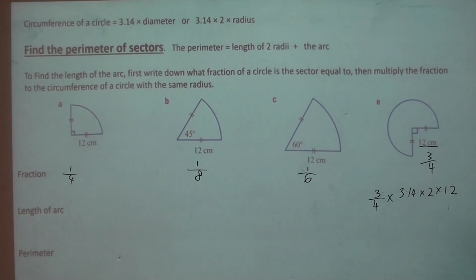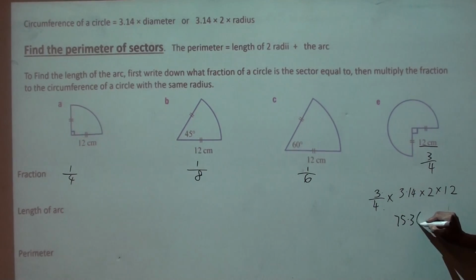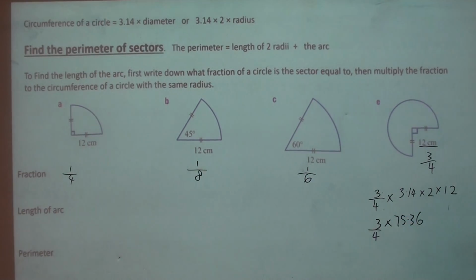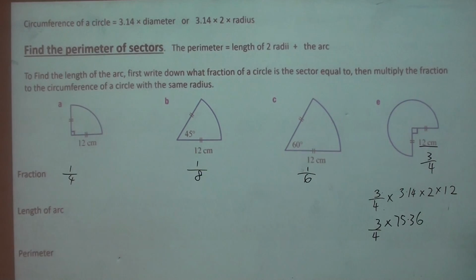3.14 times 2 times 12 is equal to 75.36, times 3/4. So we're just going to multiply 3 with 75.36 and then divide by 4.